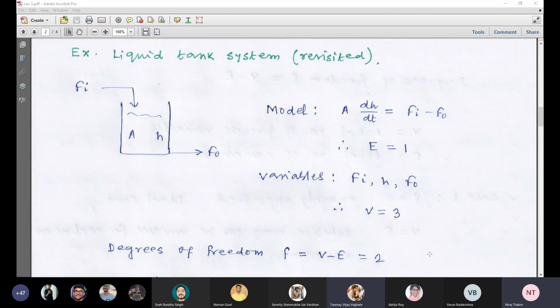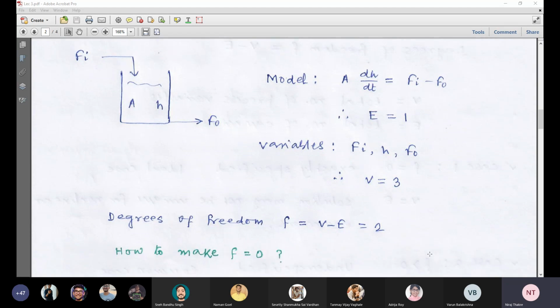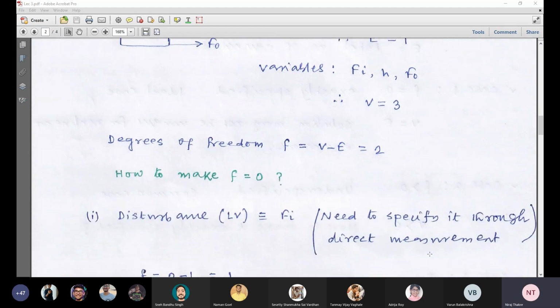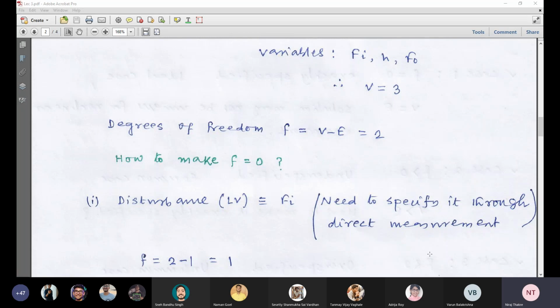Fi is the load variable, do not say Fo. That means we can only measure Fi. If we measure Fi, then what happens? Our degrees of freedom reduces to 1. You see?